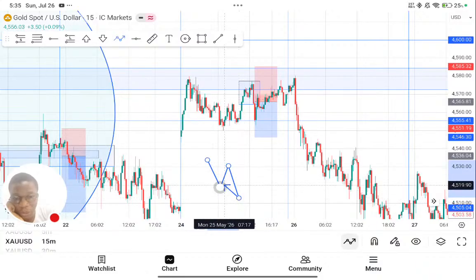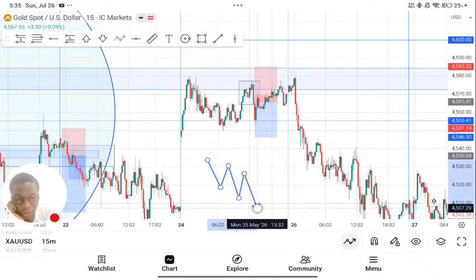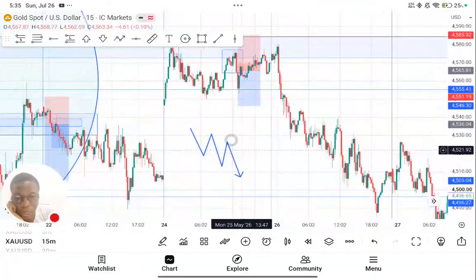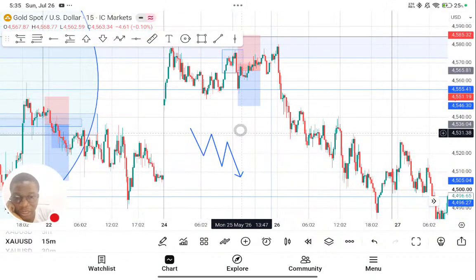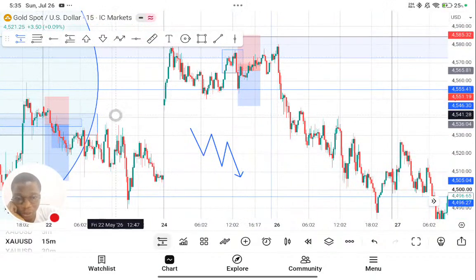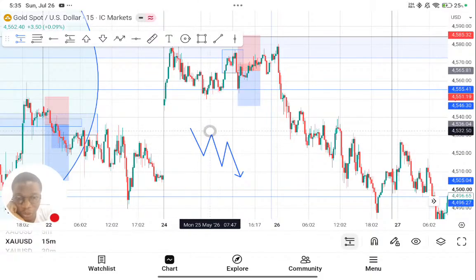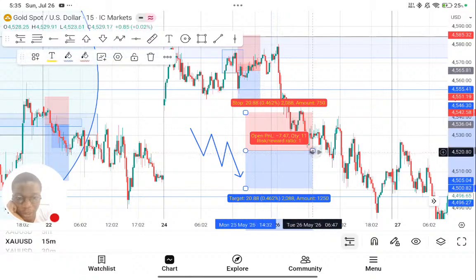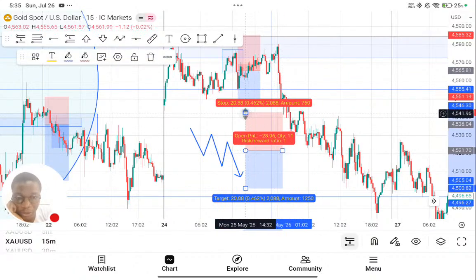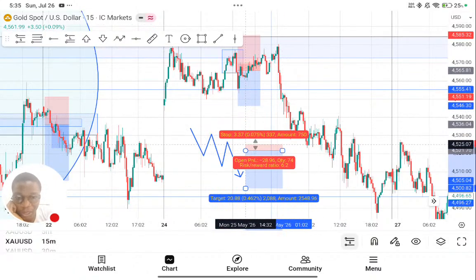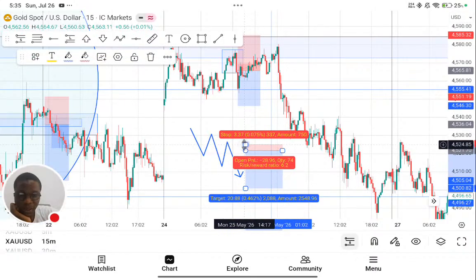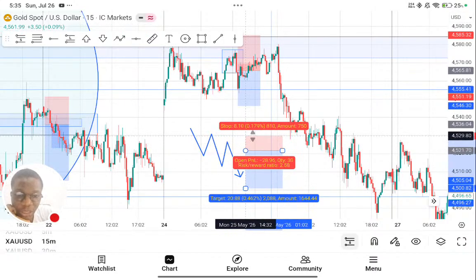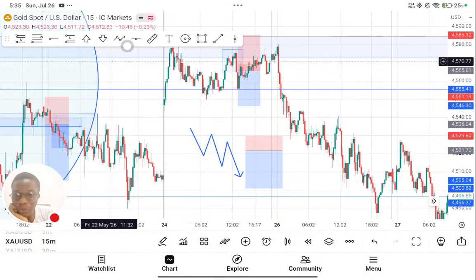He made a new low. He came again, couldn't break this high. Do you understand? And he went on to make a new low. So the reason you position your stop loss there is because you know that on two occasions he couldn't break the previous high. So when I'm looking to sell around here, I have to protect my stop loss, else you'll be hit above this previous high.